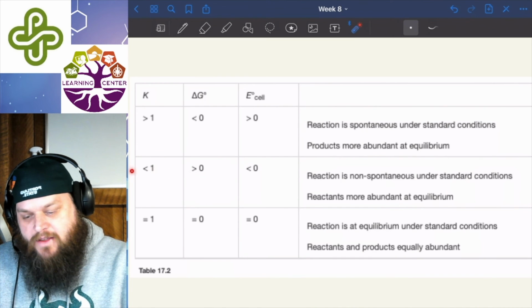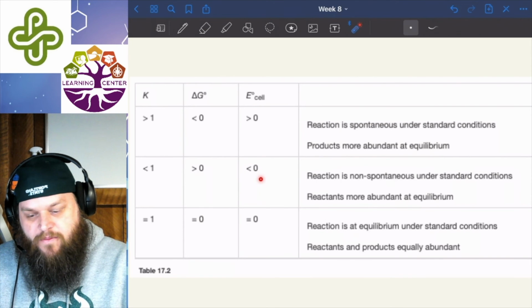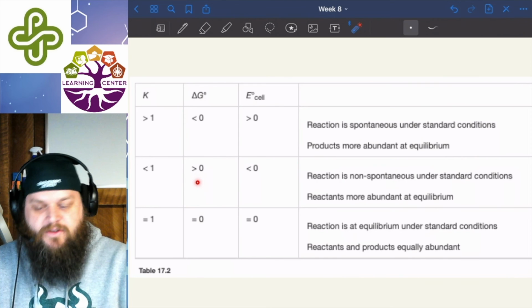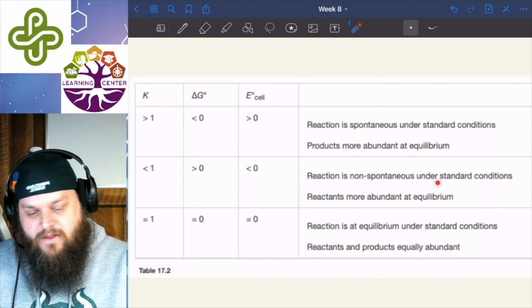If K is less than 1 and delta G is greater than 0 and the cell potential is less than 0, so cell potential is negative, Gibbs free energy is going to be positive. This is not a spontaneous reaction. The reactants are abundant at equilibrium.